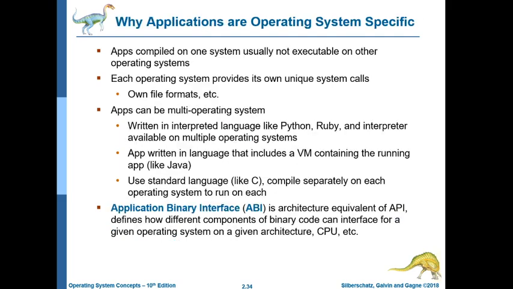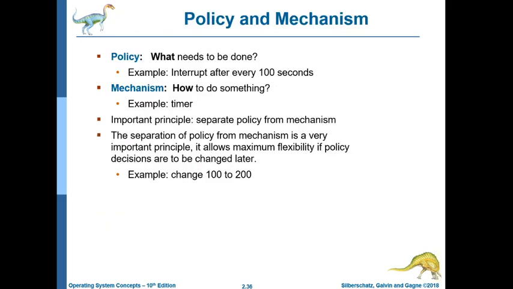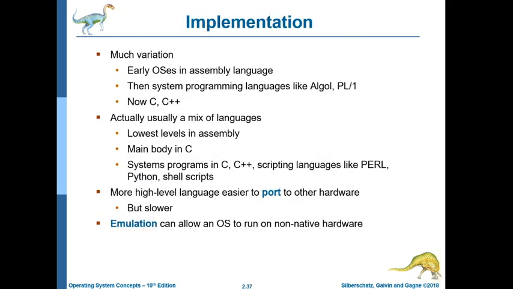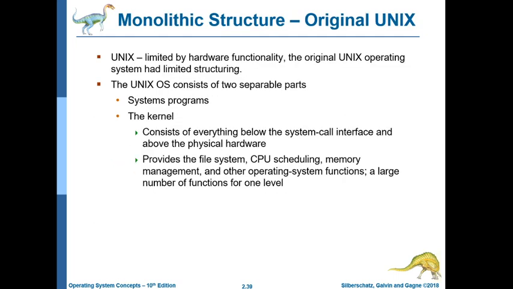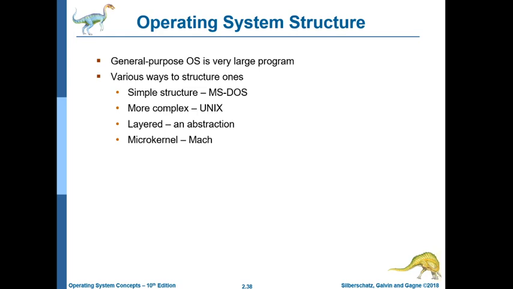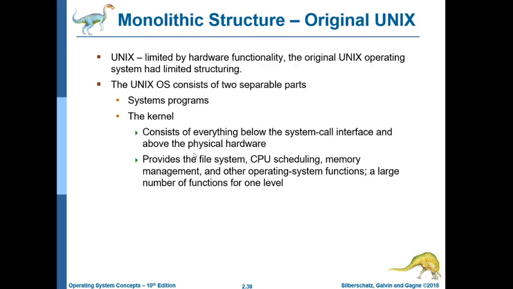Okay, so let me go through again, forward to some of the implementation on kernel structures, right? The operating system structure basically has a couple of ones. Historically we had MS-DOS, we had some Unix, we had some layered ones and the microkernel approach.